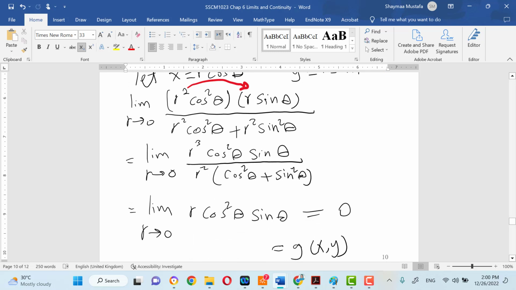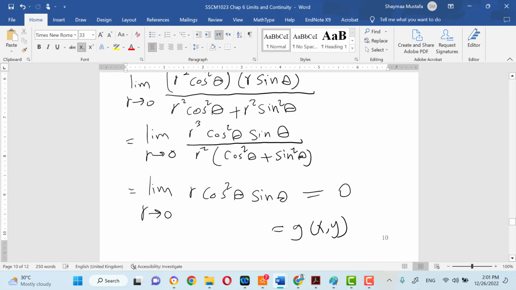So r cubed over r squared becomes r. So we need to calculate the limit when r goes to 0 of r cos squared theta sin theta. Direct substitution will give you 0. So the limit is 0, and this is equal to g(0, 0).